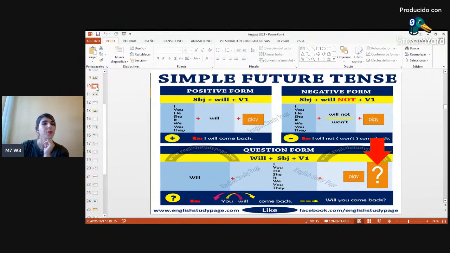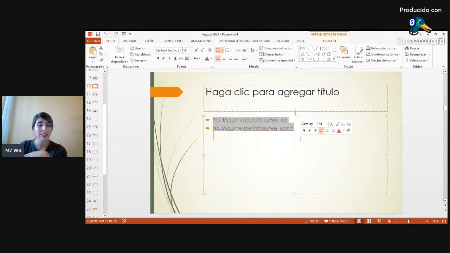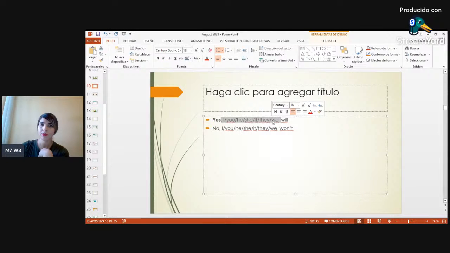Okay, so the way to answer to this, la manera de responder a estas preguntas que son de sí o no son yes, depende a quién me estén preguntando, jugarás, bailarás, cantarás, ella bailará, jugará, cantará. Entonces, dependiendo de quién me pregunten, voy a poner el pronombre y posteriormente agrego will, como diciendo que sí lo haré.